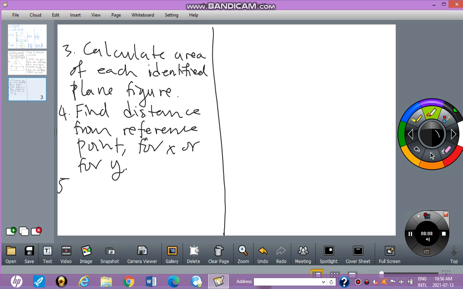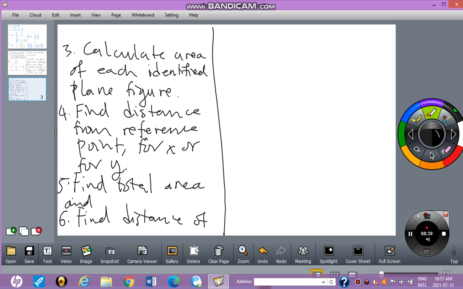Then number 5, once you are done with that, find the total area. So what do you do? You sum all the areas. And then number 6, you need to find distance of total area from reference point.